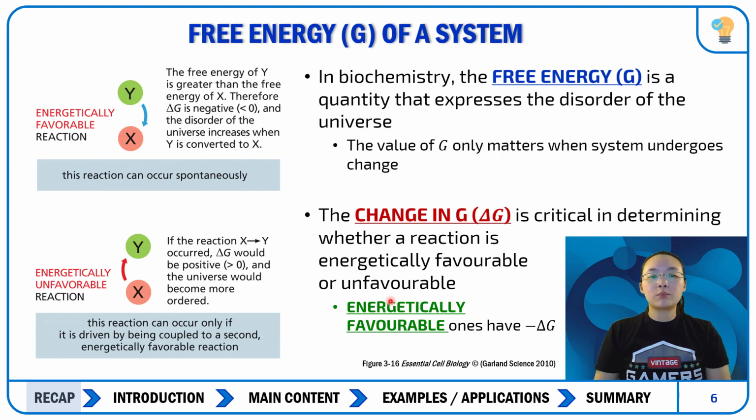The most important thing to remember from this is that energetically favorable reactions will have negative delta G. So you want a negative change in free energy in order for a reaction to be exothermic or energetically favorable.